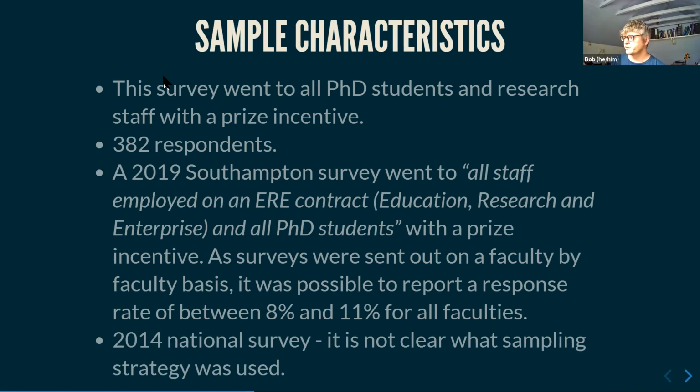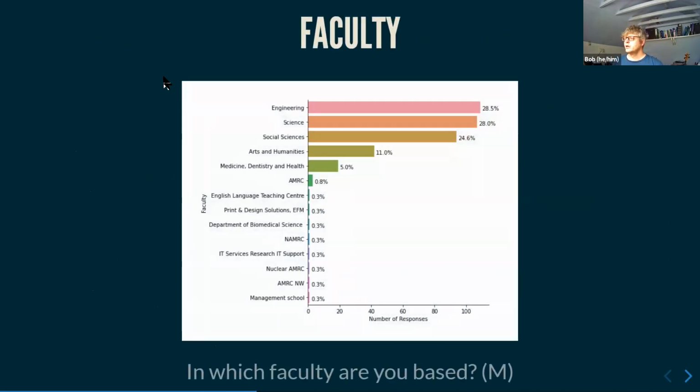In the national survey, I'm not clear on what the sampling strategy was. I'd be interested to find out more about that if I've just missed that information somewhere. Given what I've just said, and I don't know how many researchers we have in each faculty at Sheffield, it makes this generalization quite difficult.